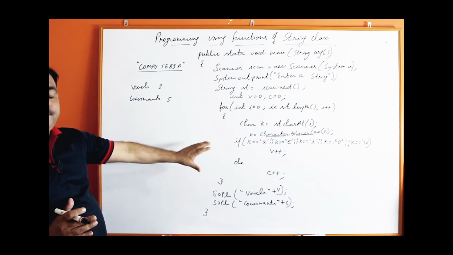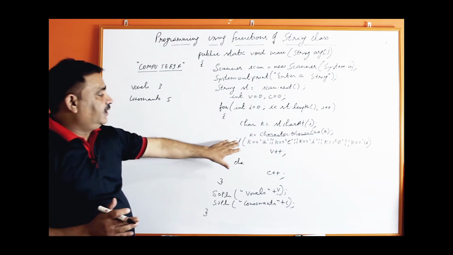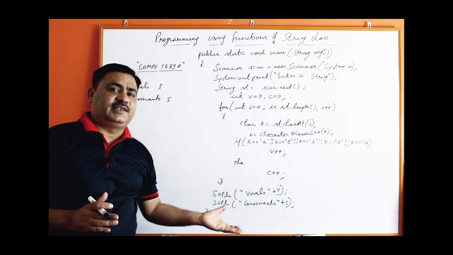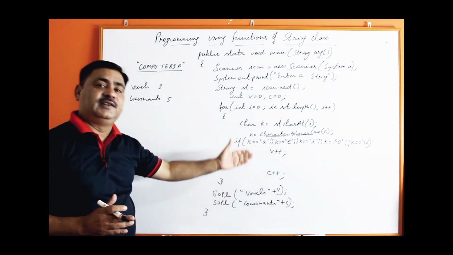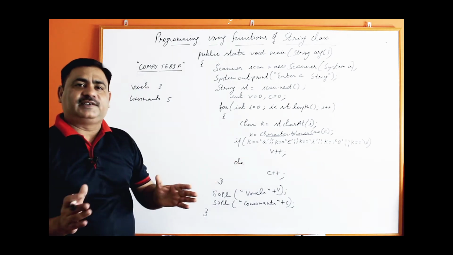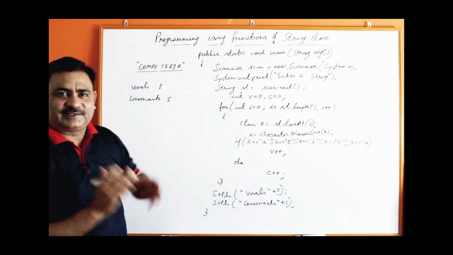But what will happen in this case? If vowels are there, V will be increased. If other than vowel is there, it means if it is a space or any digit, then C will be increased in all the cases. So you will not get the exact counting of the consonants.